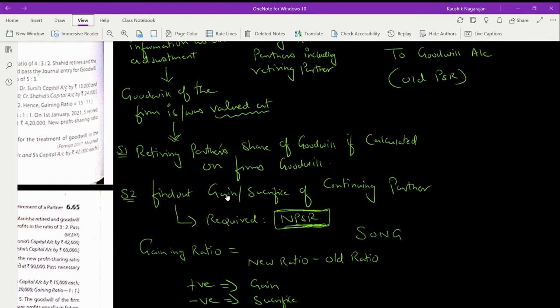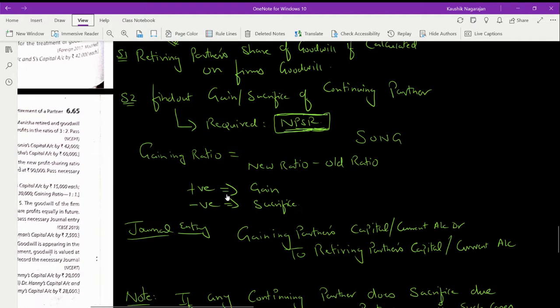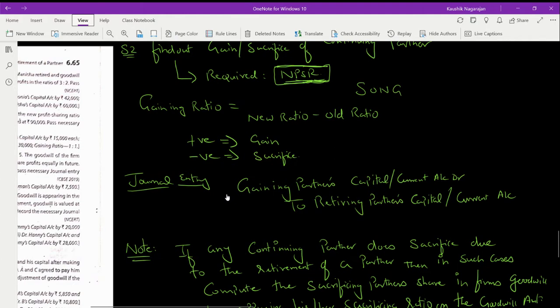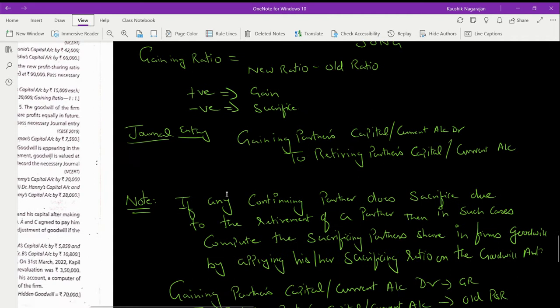Without NPSR, we can't proceed further. Once you get your NPSR, find out the gain or sacrifice by substituting in the formula. Any person who gets a positive value is a gaining partner, and one who gets a negative value is a sacrificing partner.